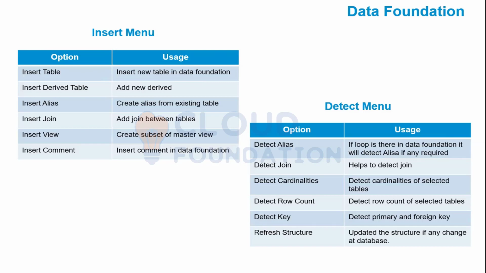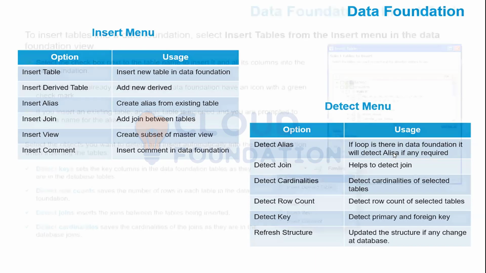So we might be getting wrong data. So we always need to check for those loops, and we have to avoid that situation. In that case, alias is useful so that we will break that loop. We will use an alias of one of the tables and we will segregate the joins, so that it will not form a closed loop. For that purpose, the alias will be useful.